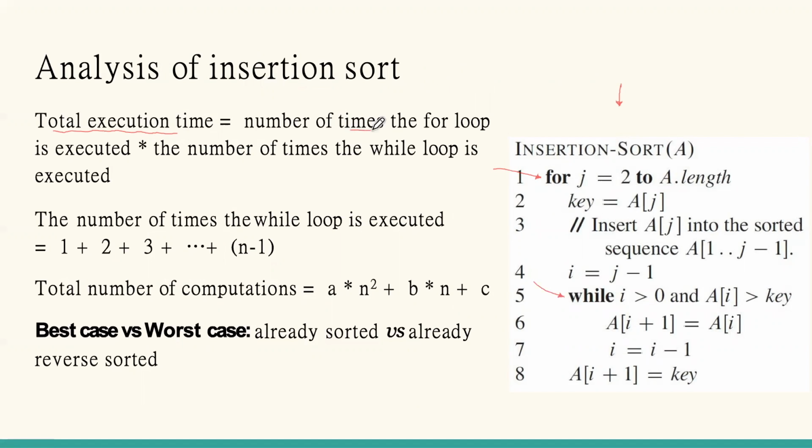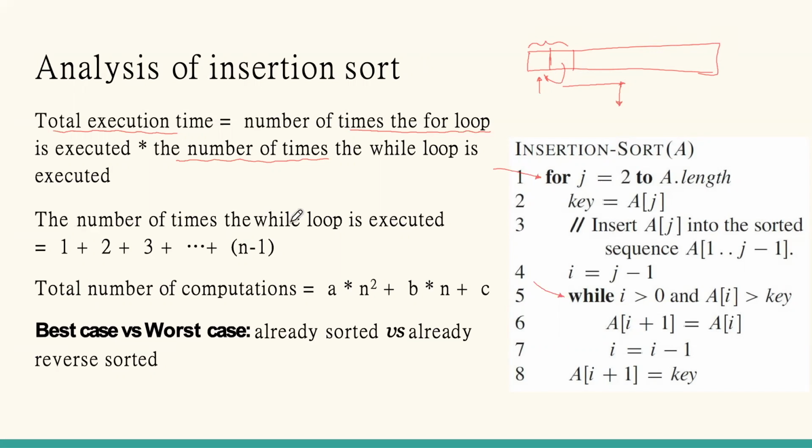At the beginning, only the first item is assumed to be sorted. Then we pick the second item and put it in the list, then the first two items become sorted.